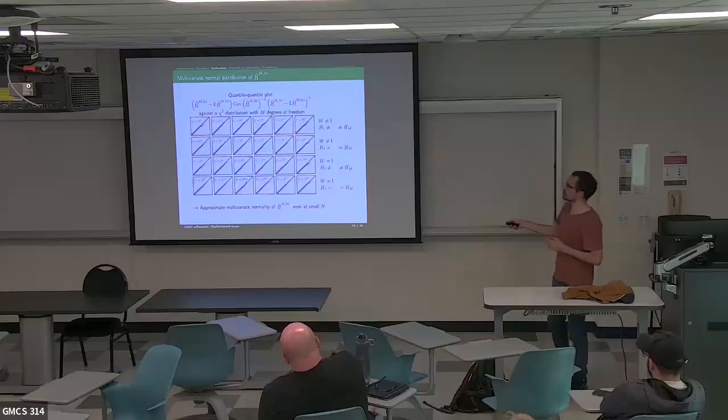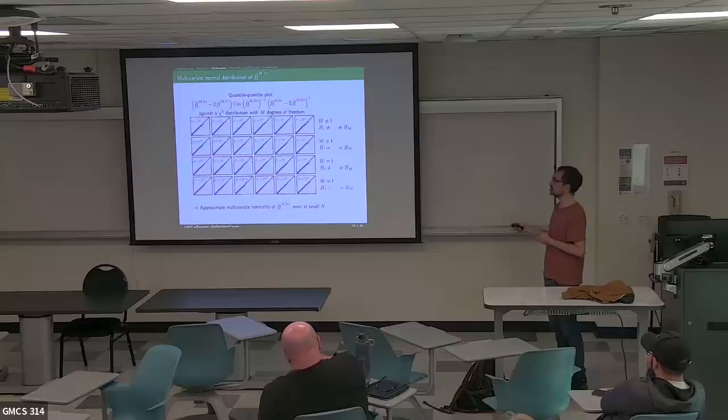You can see the quantile plots for the sample sizes increasing from left to right, and for the different configurations from top to bottom. And we can see that for any configuration and even at small sample size, the distribution of the estimator is well approximated by a multivariate normal law.